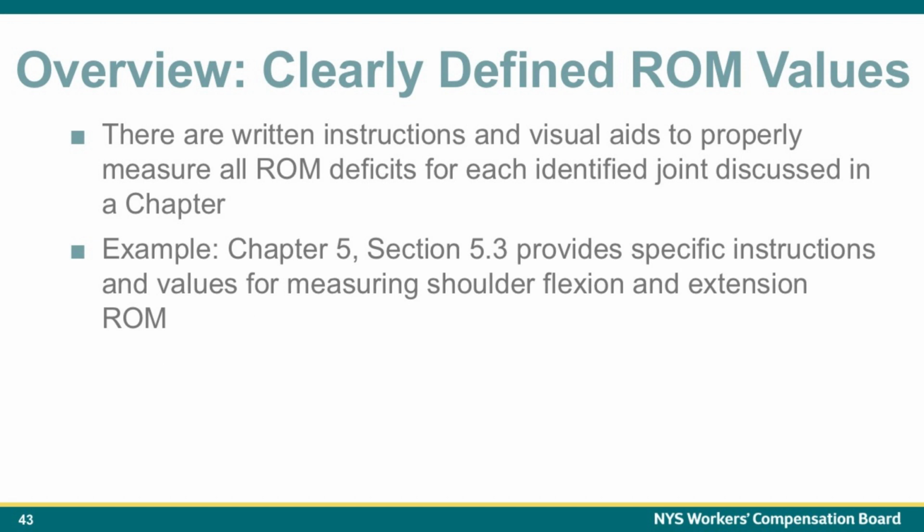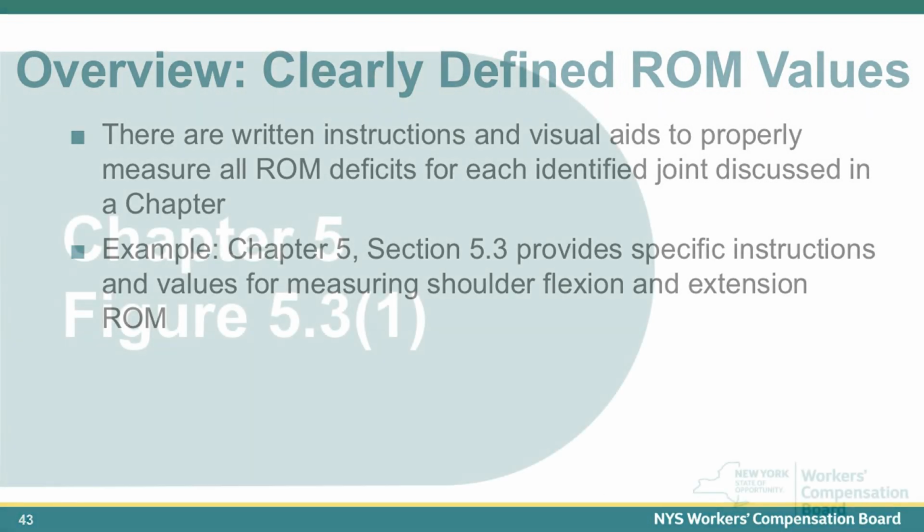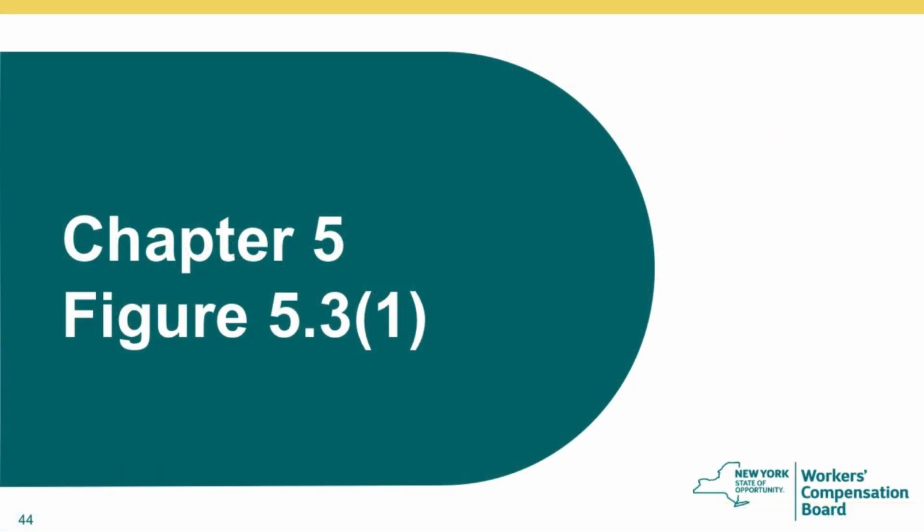There have been some significant enhancements to the 2018 guidelines that help to clarify important aspects of the SLU evaluation. First, the development of written instructions and visual aids for each body part make it easier to properly measure all range of motion deficits within a joint. For example, let's look at Chapter 5, Upper Extremities, Shoulder.